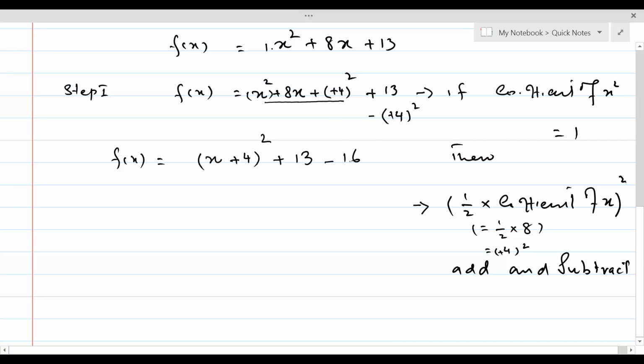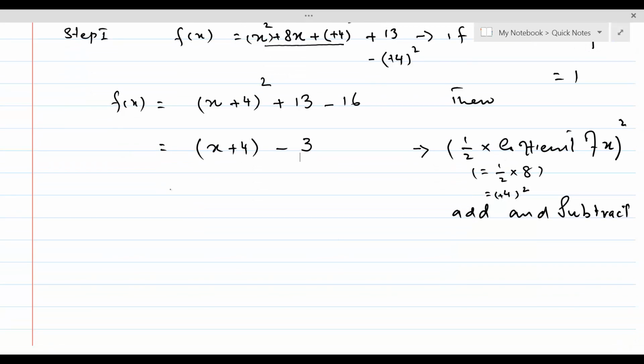Plus 4 square is 16. So now this is equal to x plus 4 whole square minus 3.